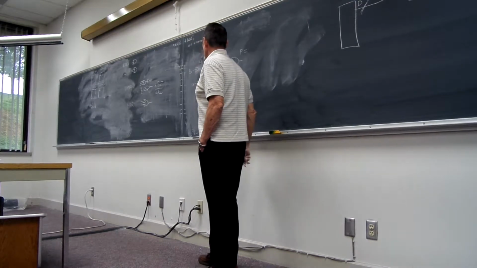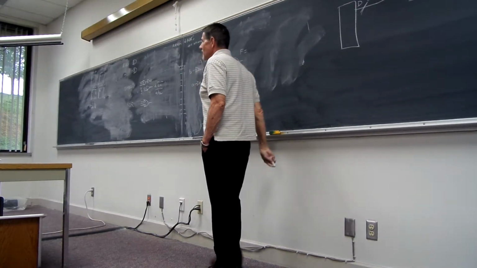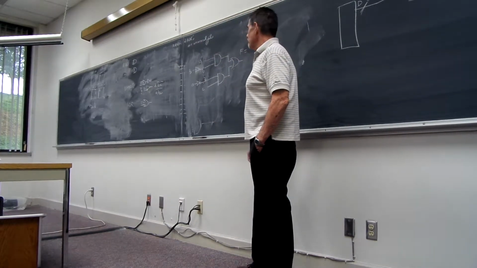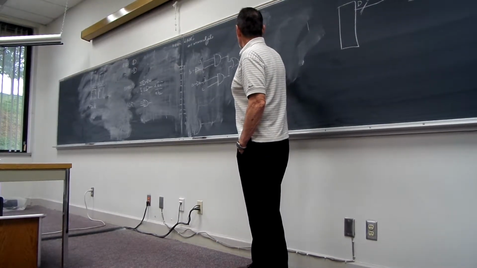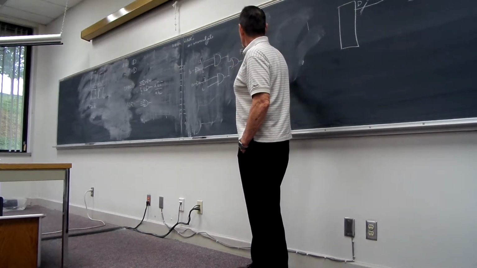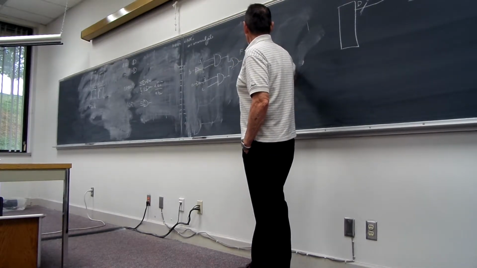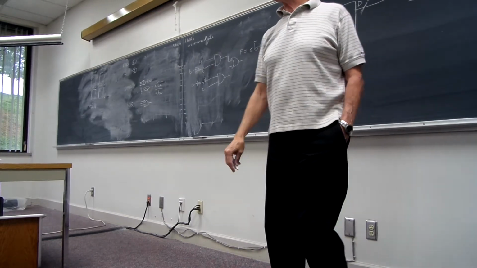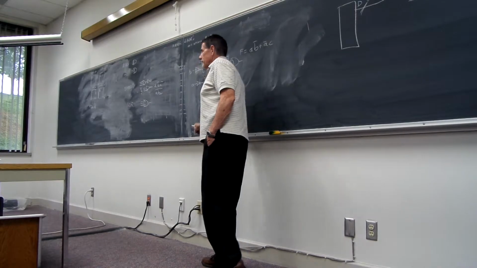I'll have to generate the not A. So give me what that function is. A, B bar, or A bar, C. Everybody okay with that? Okay. Now, watch what I'm going to do here.